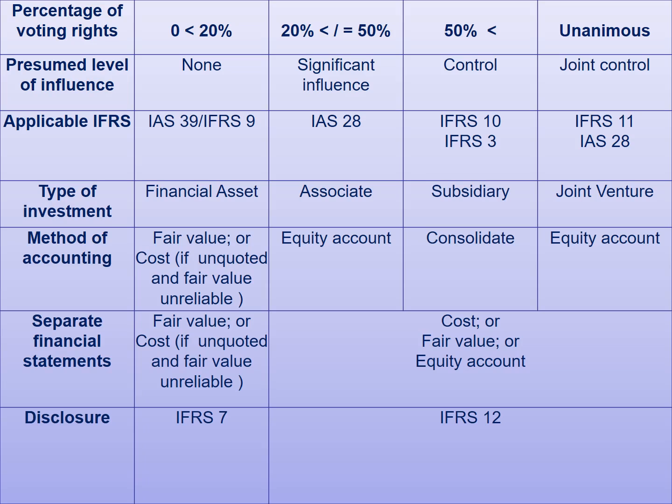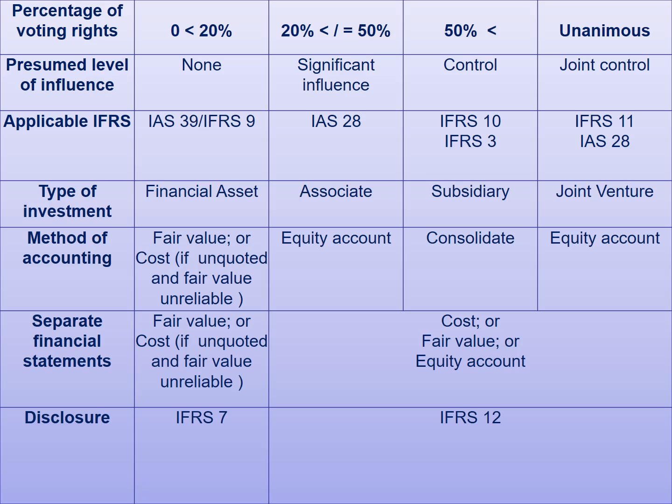Looking to IFRS 9 or IAS 39, one would probably end up with fair value accounting, either fair value through profit or loss or fair value through other comprehensive income if certain designations are made under those standards, and the disclosures governing those are typically found in IFRS 7 on disclosures of financial instruments.